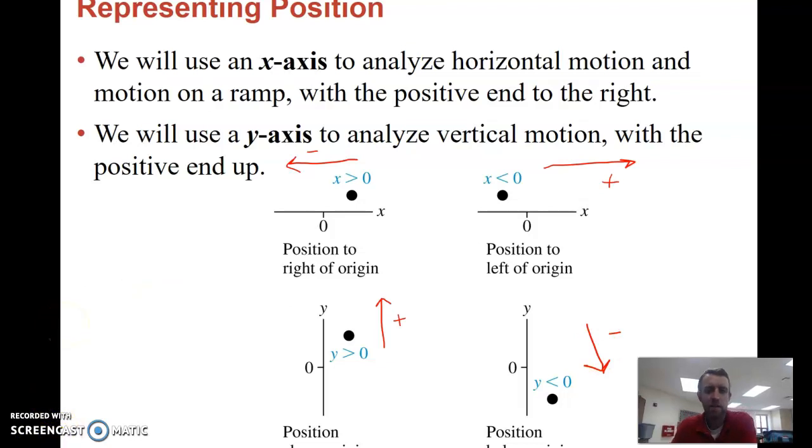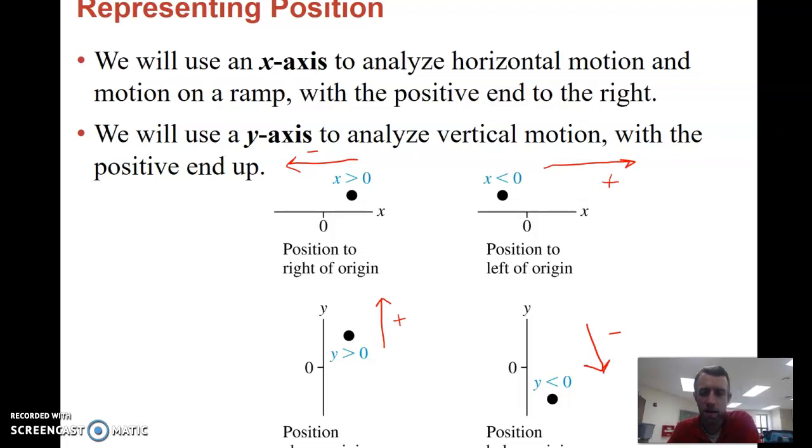So having this established allows us to give a direction to any number that we have. The numbers we usually call magnitudes, and then we have directions. So we'll talk about that a little bit more.